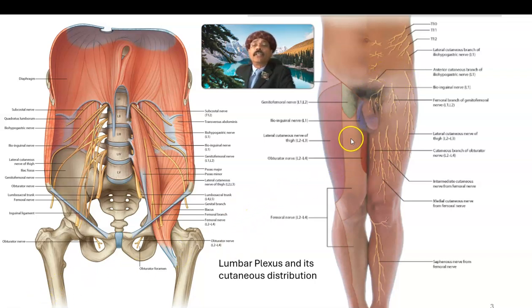So this is the area of cutaneous sensation carried by the femoral nerve, this area by the obturator nerve, this area by the lateral cutaneous nerve of the thigh, root value L2, L3.